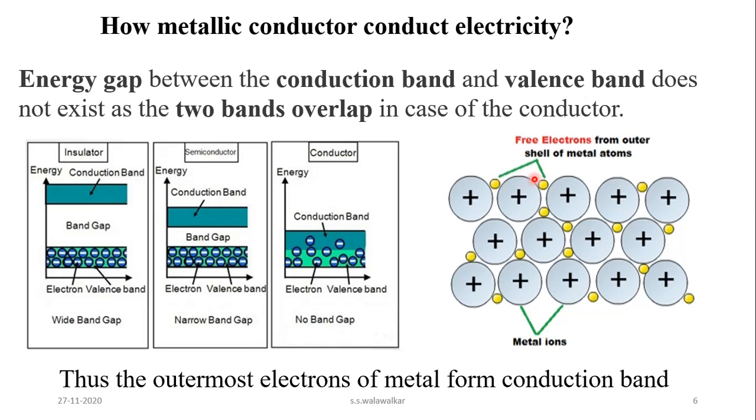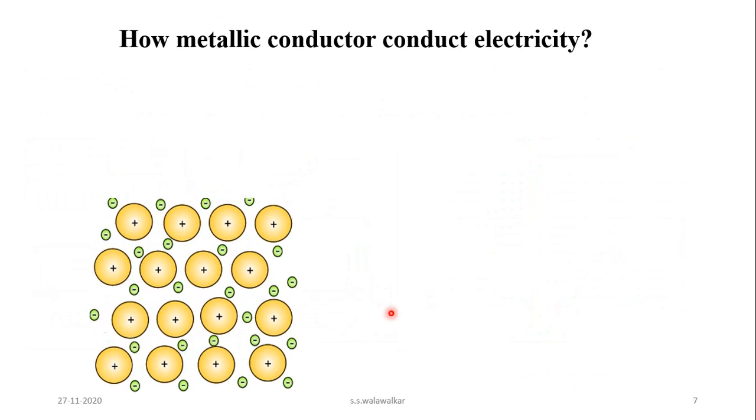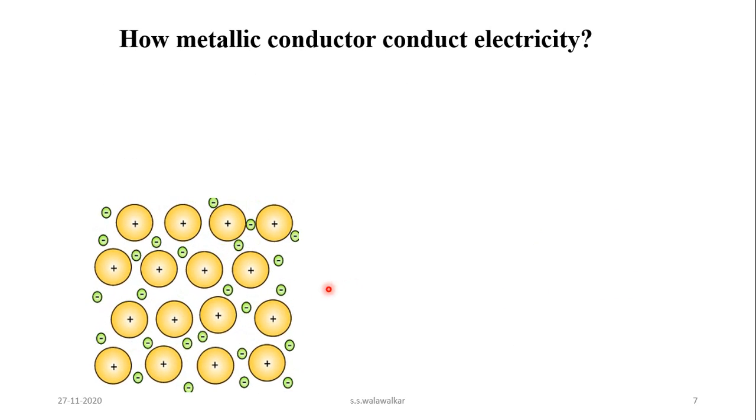These are the outermost electrons of the metal atom, and these electrons are present in the conduction band and are free to move. So the outermost electrons of the metal form the conduction band.